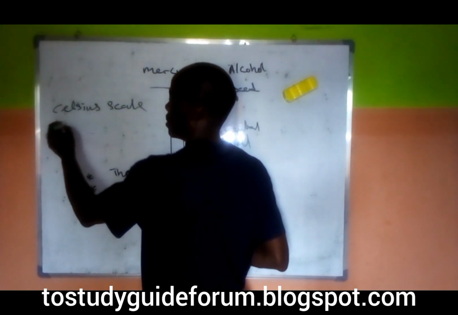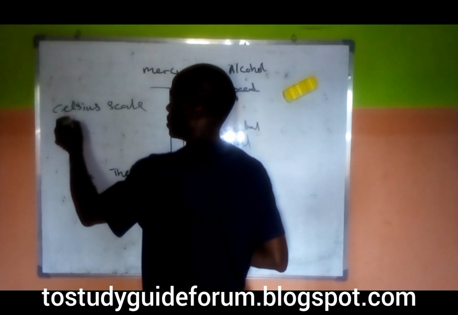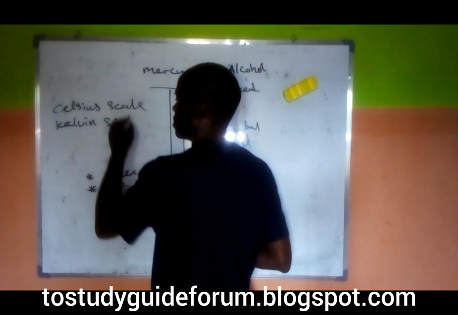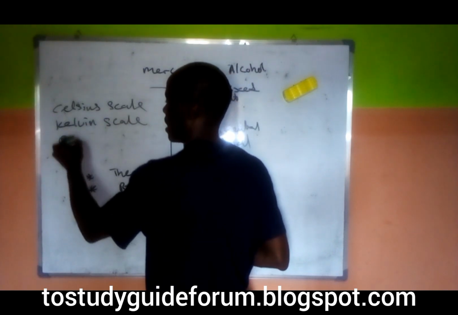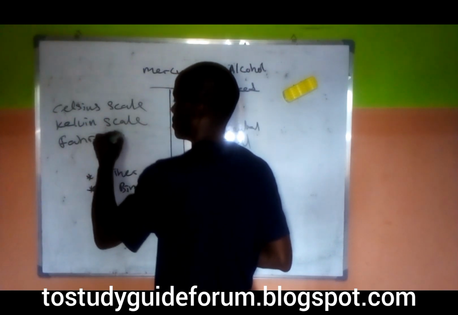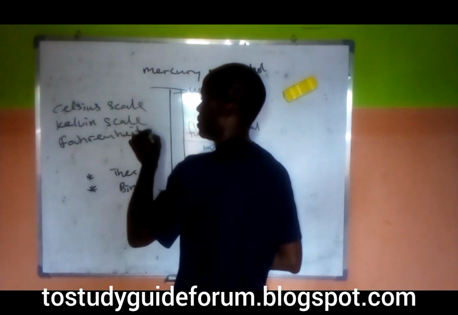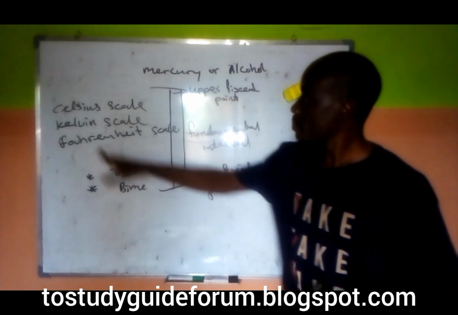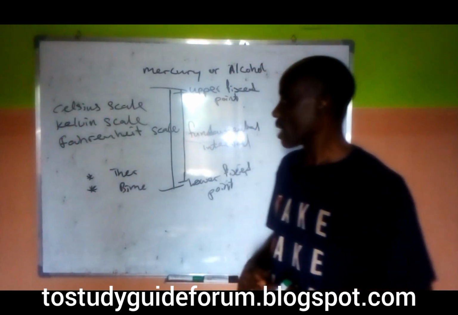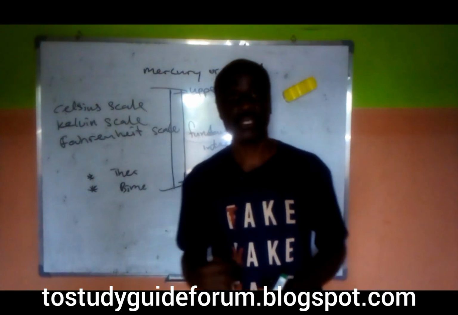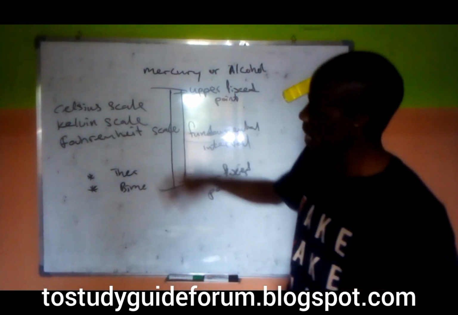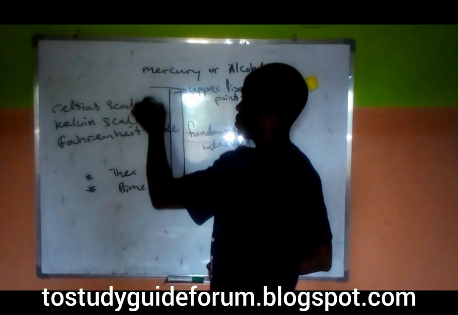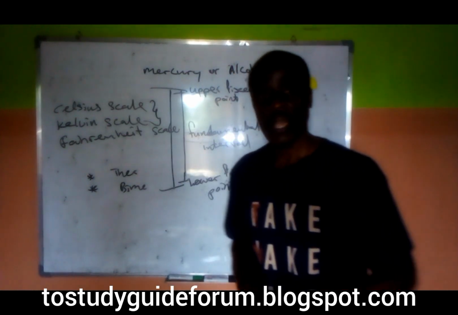The next one is the Kelvin scale, and finally we have the Fahrenheit scale. The Kelvin can also be called the absolute scale. But the Fahrenheit is not very common. Celsius is the commonest one. So that's what we have.